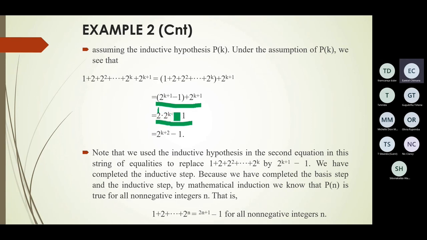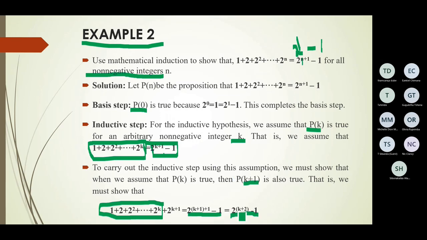So we can add k plus 1 with this one here, so that it will become 2 to the power k plus 2 minus 1. But I think we know this thing here from here.